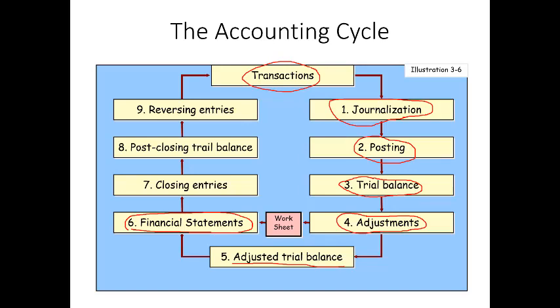The temporary accounts or nominal accounts need to be closed out and ready for the next year, so income statement accounts. Then we'll have a post-closing trial balance. And then if we have to, we'll have reversing entries. We won't talk too much about reversing entries. That's in the appendix to your book. But this is the accounting cycle, and we'll talk about it in more detail in a second.